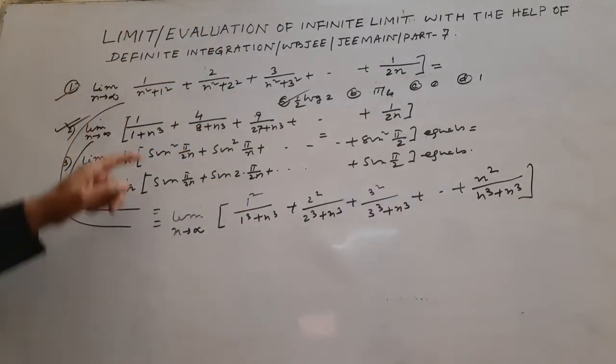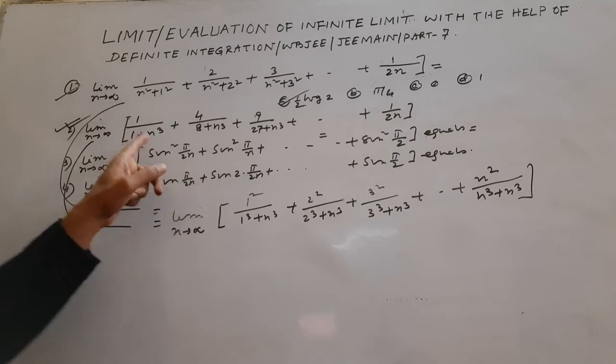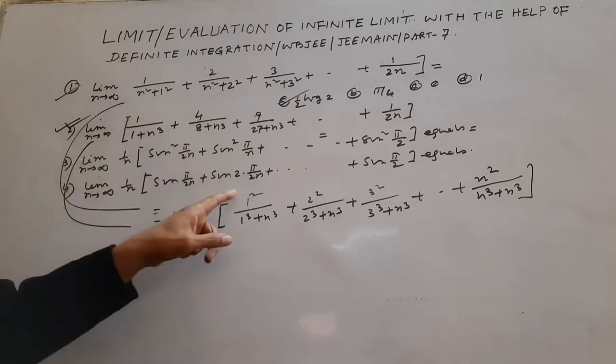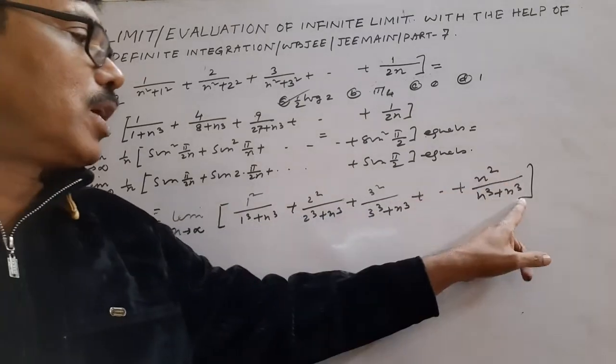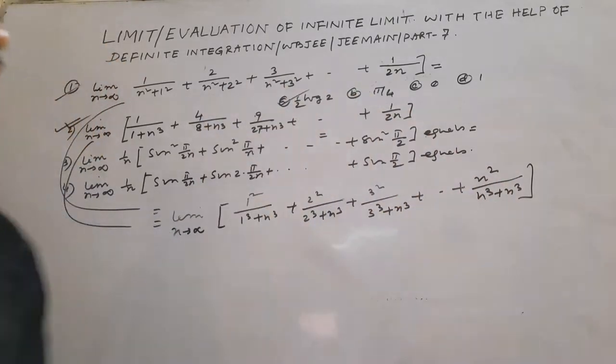So look, there is a similarity: 1 square, 2 square, 3 square. So n square by n cube plus n cube is n square by 2n cube. So this is 1 by 2n.